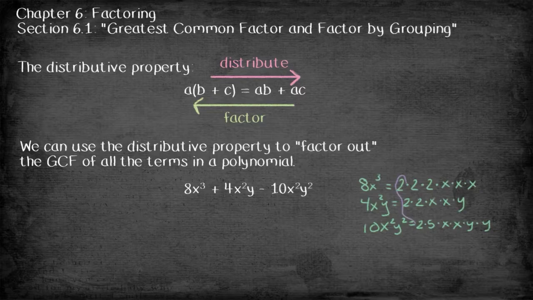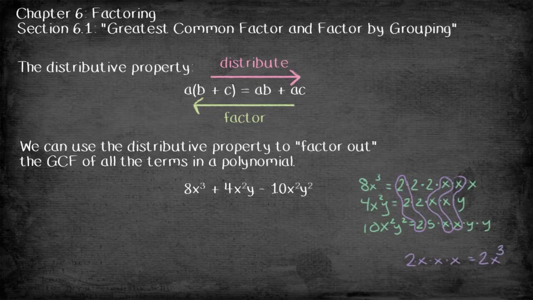There's one factor of 2, and no other common factors as far as the coefficients are concerned. We have one factor of x, and in fact a second factor of x, and that's it. So my GCF is 2 times x times x, or 2x squared.